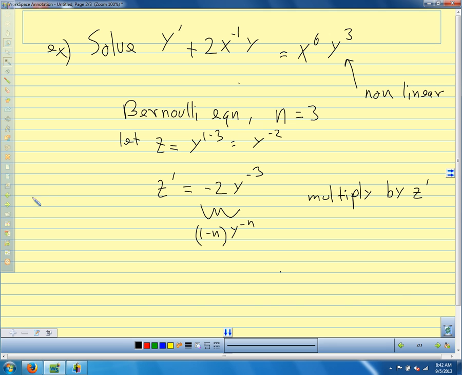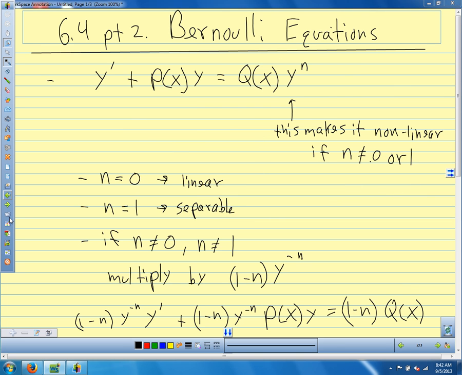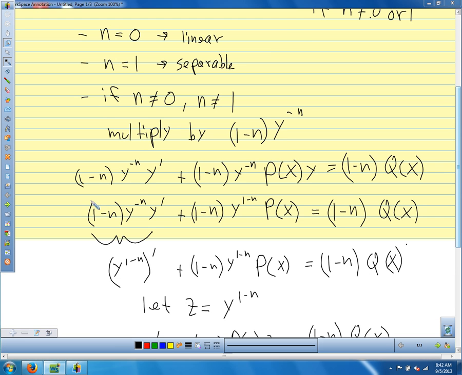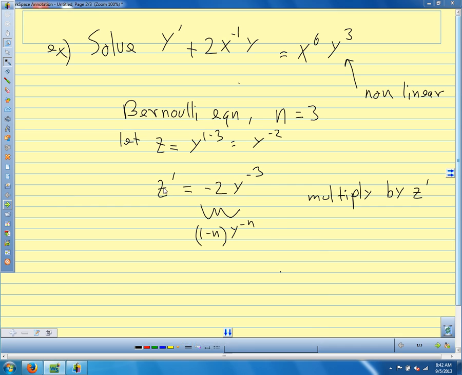If I look back at our argument here, this is exactly what we did. We multiplied by (1 minus n) y to the minus n. We multiplied the entire equation by that quantity. Well, z prime gives us (1 minus n) y to the minus n.